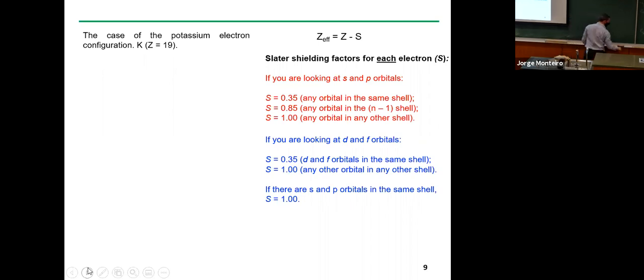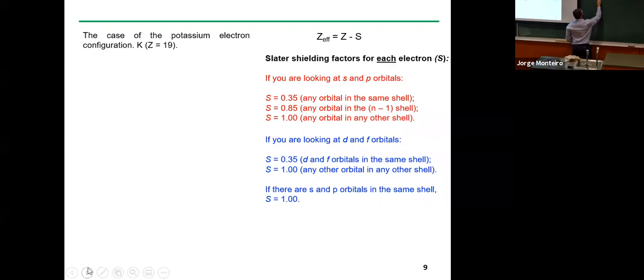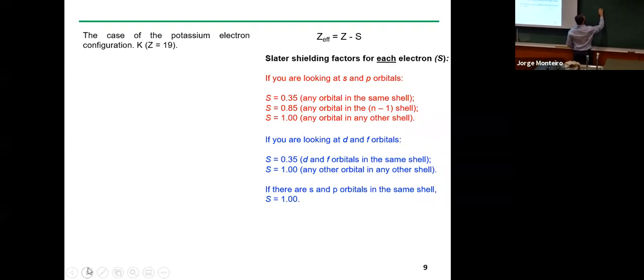Okay, so let's take a look at potassium. Atomic number 19.